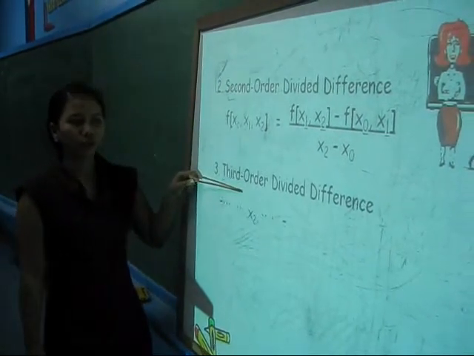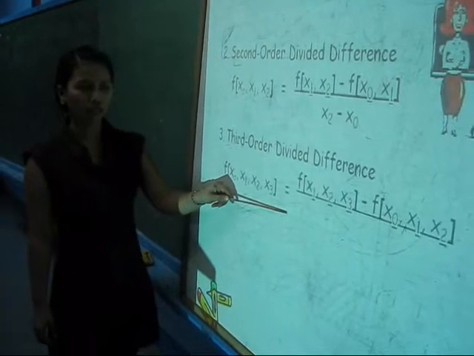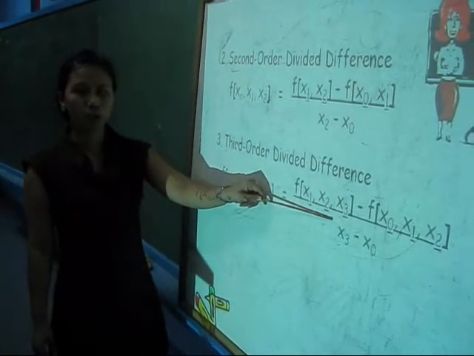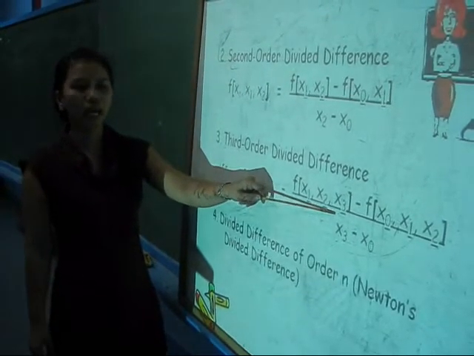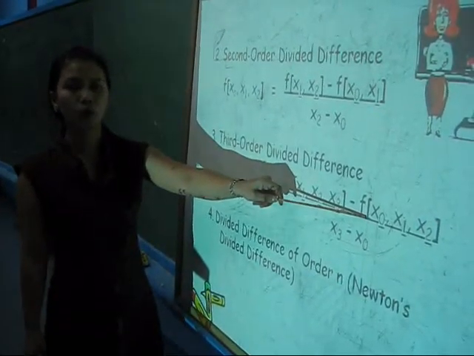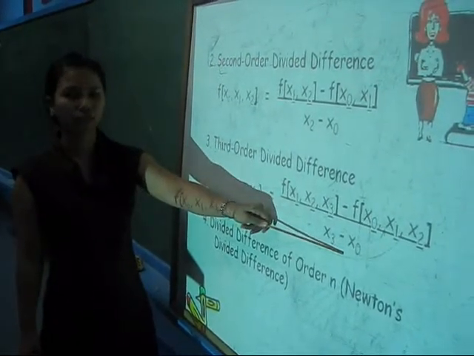The third order divided difference has this formula. f of x of 1, x of 2, and x of 3 minus f of x of 0, x of 1, x of 2, divided by x of 3 minus x of 0.